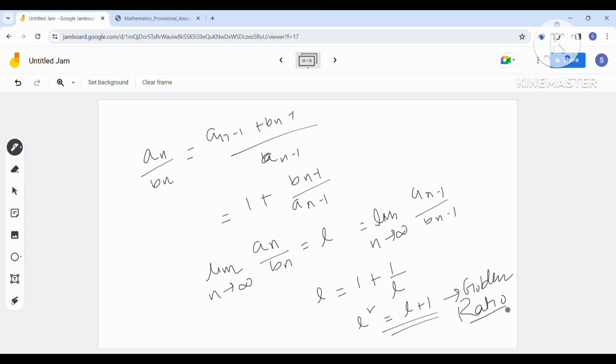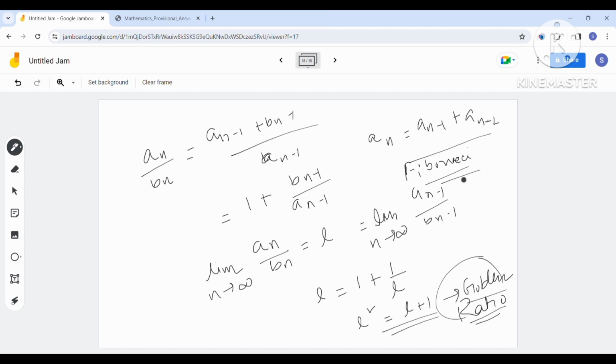This is called the golden ratio. You can search it in Google. It's a very important term. It's called the golden ratio because in this sequence, an equals an minus 1 plus an minus 2, because bn minus 1 is basically the same as an minus 2. This is a Fibonacci sequence.